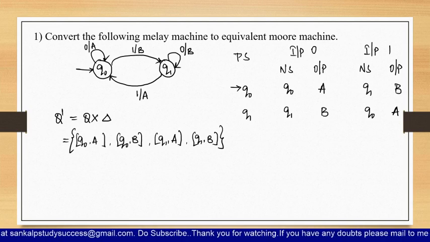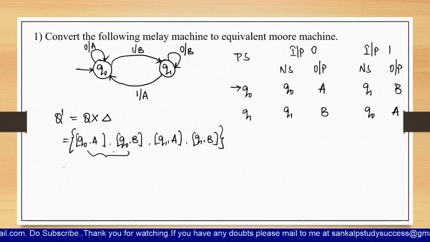Here, the initial state in the Mealy machine is Q0. For the Moore machine, the equivalent initial state will become Q0 comma A or Q0 comma B. Any one of these states may become the initial state in the Moore machine. Now let us find lambda dash and the transition function dash.